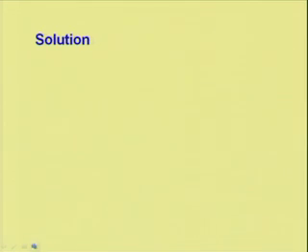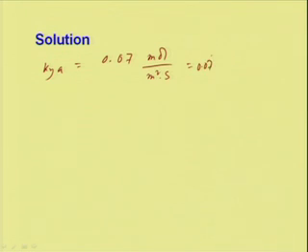Now, we know Kya, which is 0.07 mole per meter square second, which is equal to 0.07 into 3600 kmol per meter square hour.